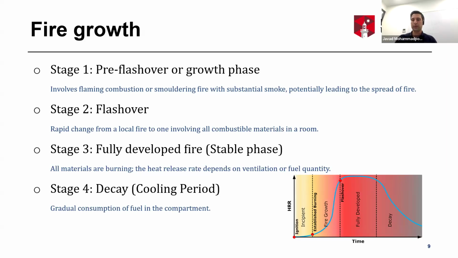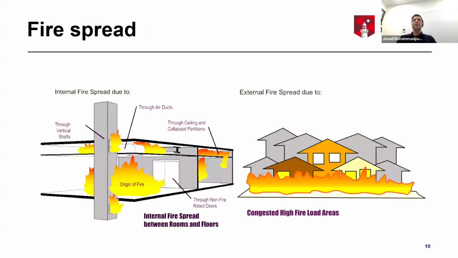As I mentioned, we have different stages of fire, and when we can't control or suppress them, the source of fire can spread. If internally, it spreads through non-fire rated doors, or even through vertical shafts, air ducts, or through the ceiling and collapsed partitions.